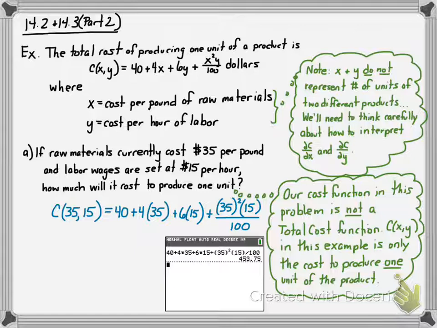And because we're talking about cost and we're measuring that cost in dollars, our final answer is $453.75. So it will cost the company $453.75 to produce 1 unit of this product that this company is producing.